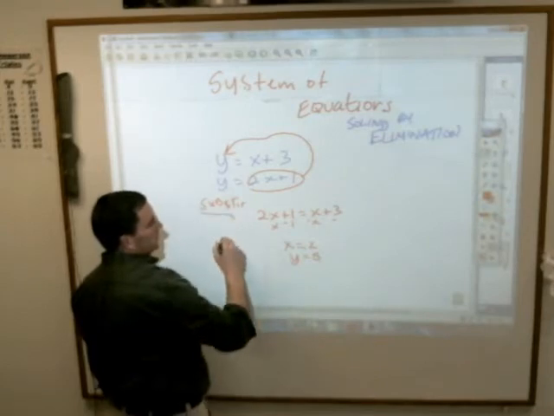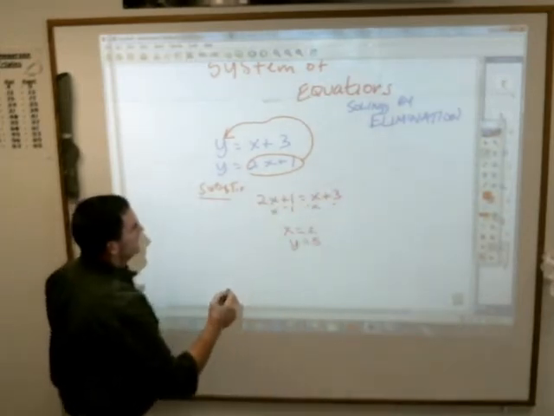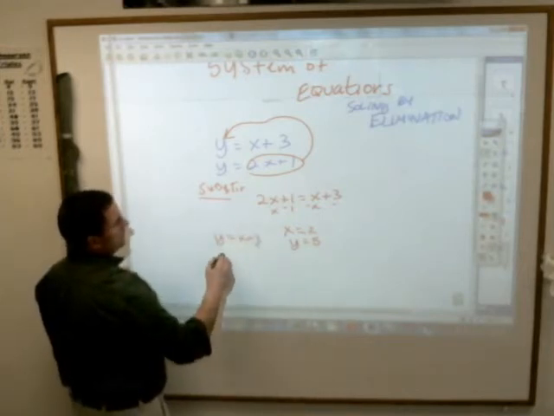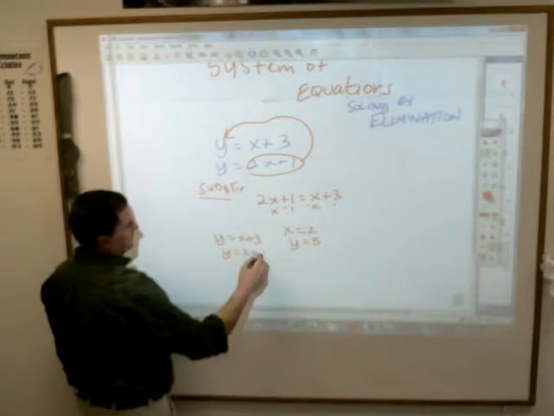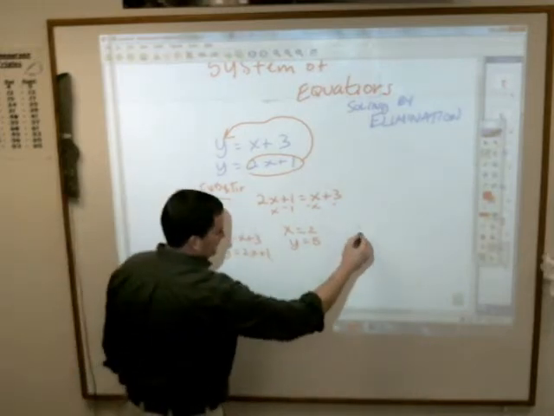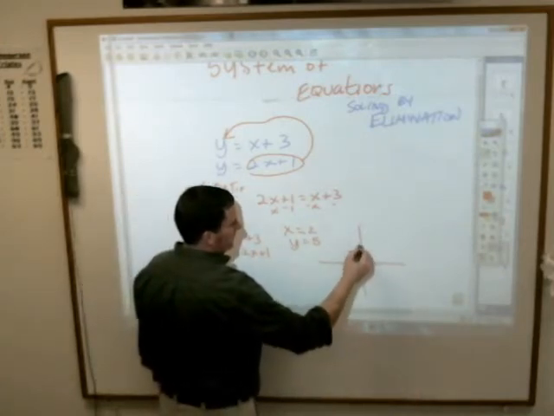Okay, that's substitution. Then we also did graphing, which was the first way we did these, where y equals x plus 3 and y equals 2x plus 1. When you graphed it, it crosses the y-axis at 3.